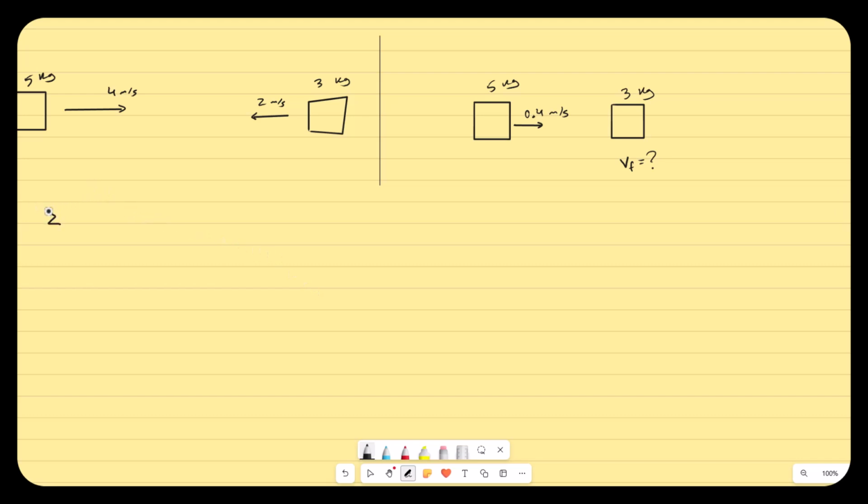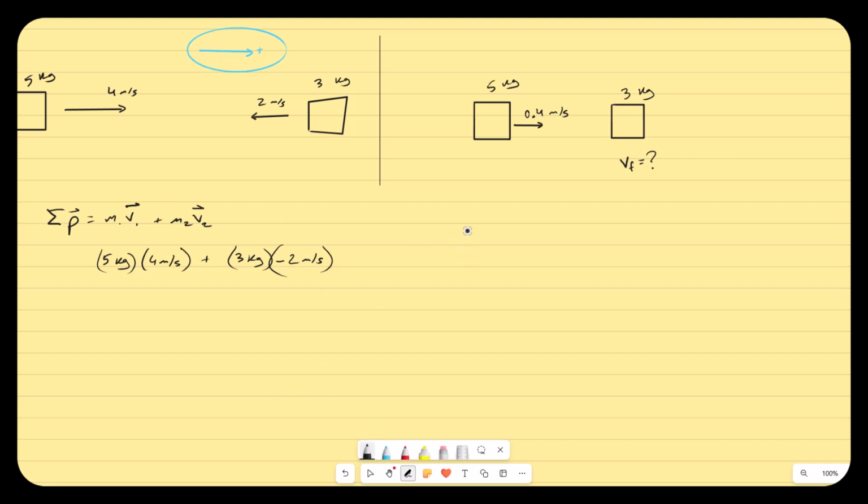We're going to start over here. Our initial momentum is m1v1 plus m2v2. These are, of course, vectors. So I'm going to get 5 kilograms, 4 meters per second, plus 3 kilograms, negative 2 meters per second, because I have stuck with the idea of calling something to the right positive.